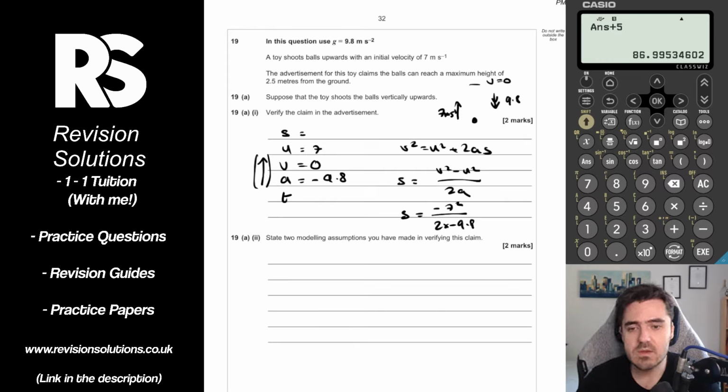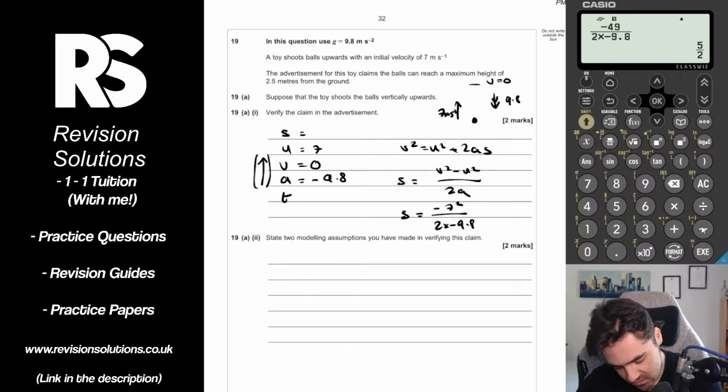So that would be minus 49 over 2 times minus 9.8, which is 5 over 2, which is 2.5 meters. So we verified the claim.